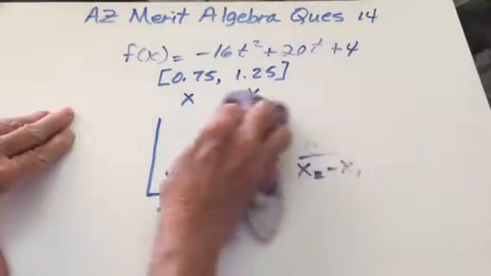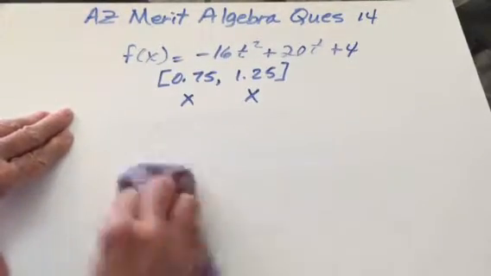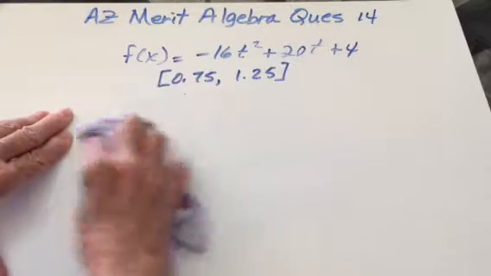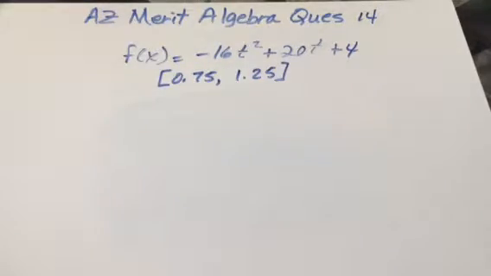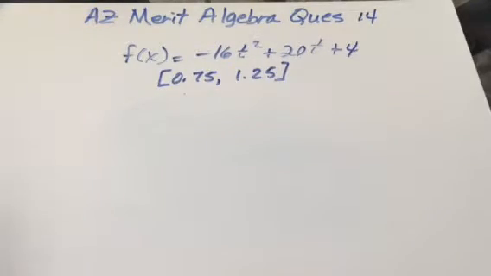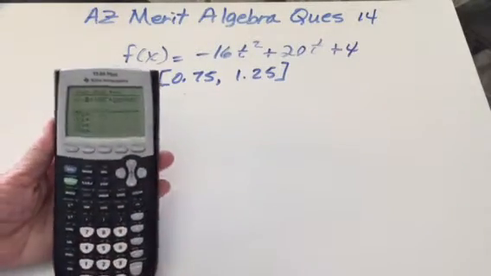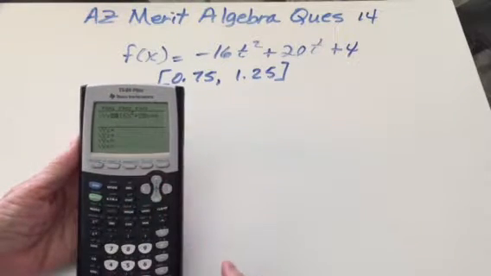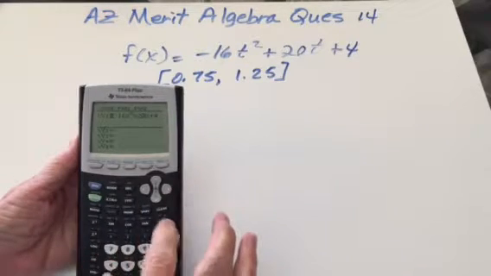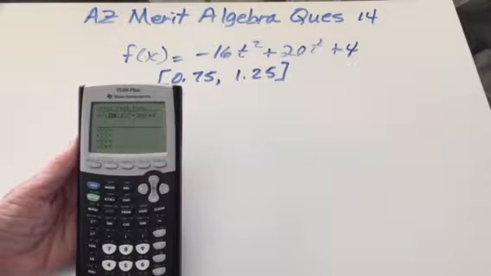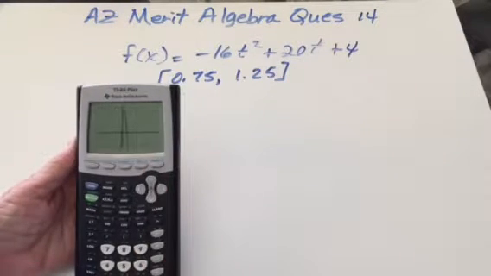So go into your calculator and graph this. Negative 16 t squared, which of course is x squared: negative 16 x squared plus 20x plus 4. And then we push graph.